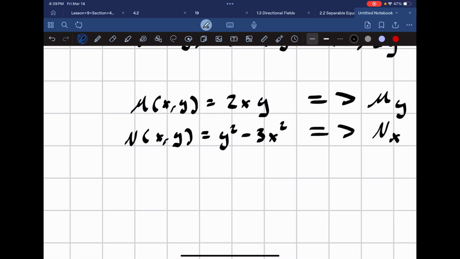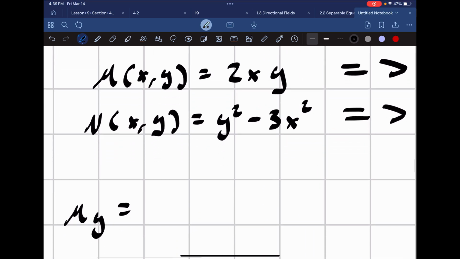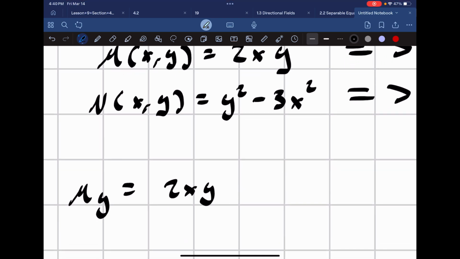So the partial with respect to y is given here, 2xy. As you can see, since we're finding the partial derivative, 2 is a constant and x is a constant.